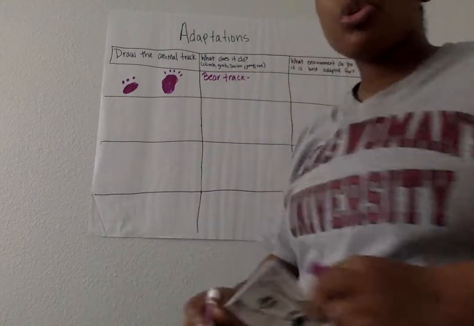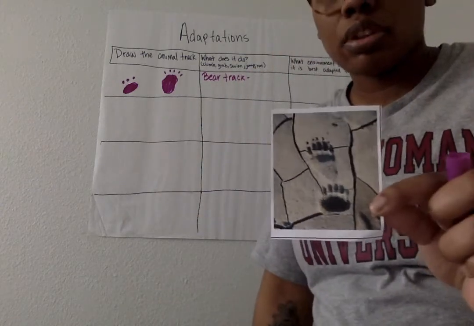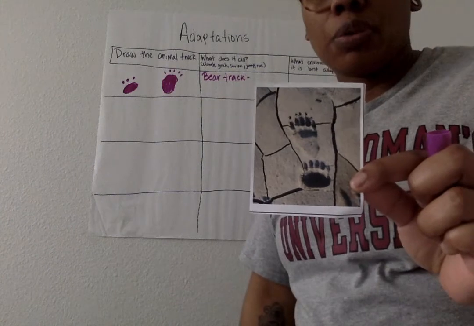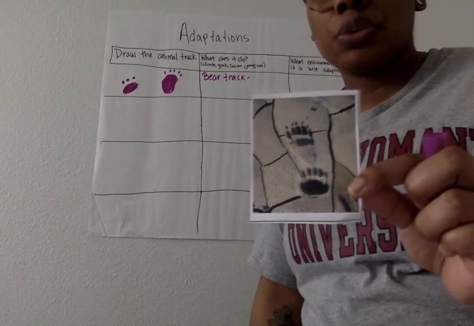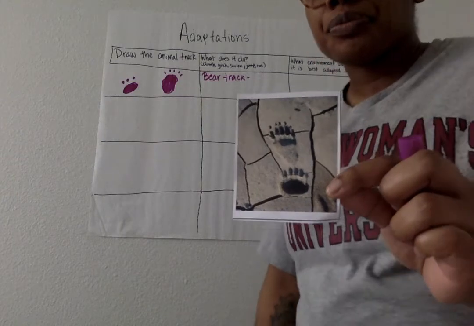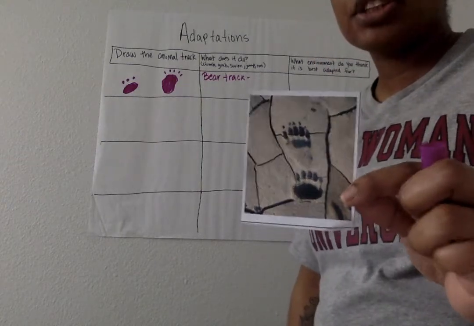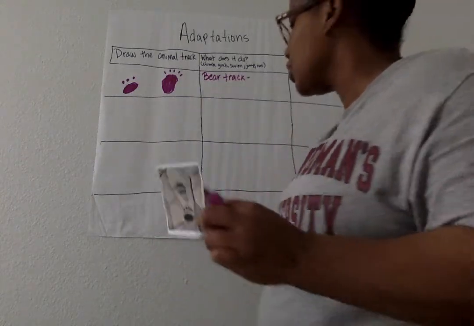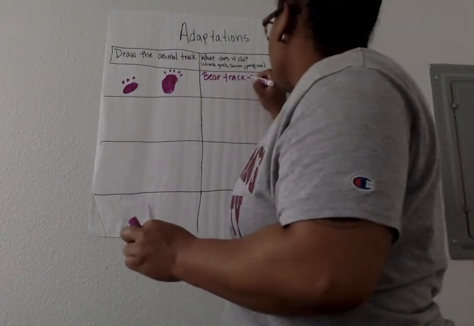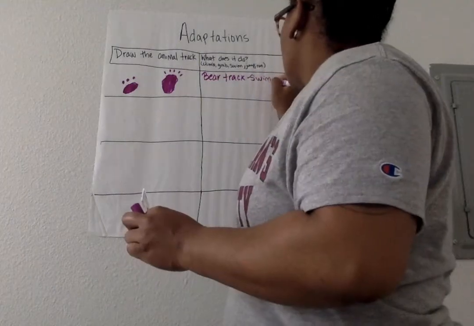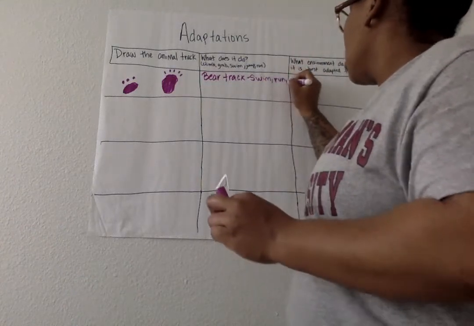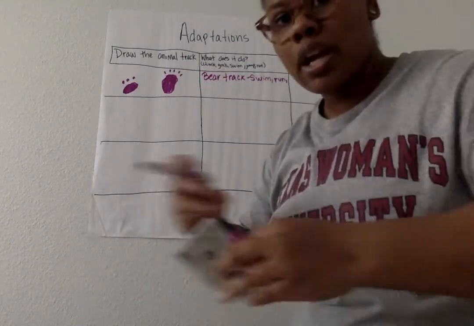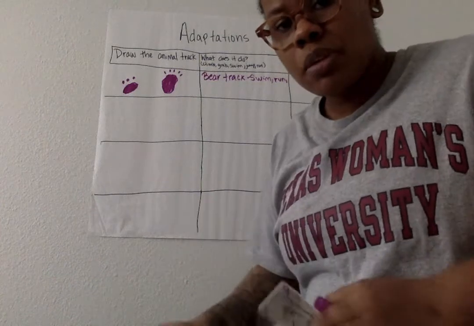Okay, and what do bears normally do, right? Do they run? Do they jump? Do they climb? Do they grab? Do they swim? So it can be a combination of all of them, right? We know that bears can swim, so I'll put swim. We know that bears can run, so I'll put run. We also know that they grab things, because if they can swim, they can grab.